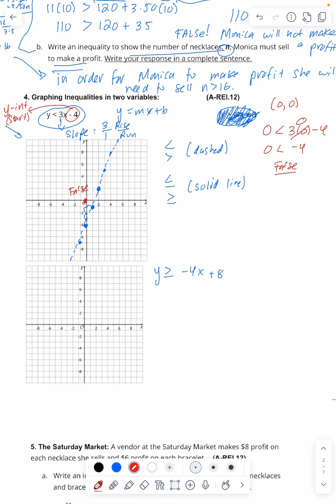So therefore, we're gonna shade in on this side, and I'm gonna use this red so that we can see the distinction between the dashed line and the shading. So we're essentially shading on the right hand side. So that means that all the solutions inside this region, the red region, are all solutions.